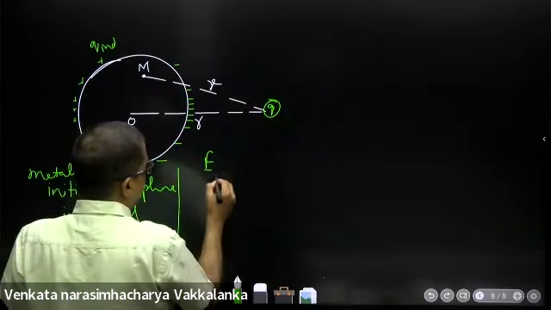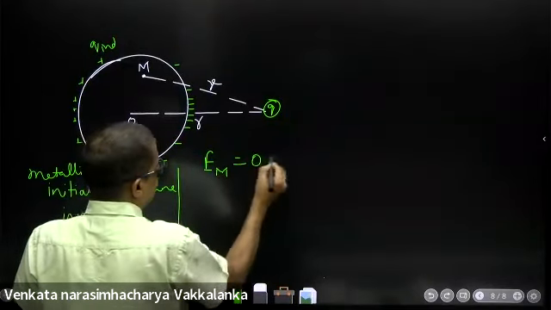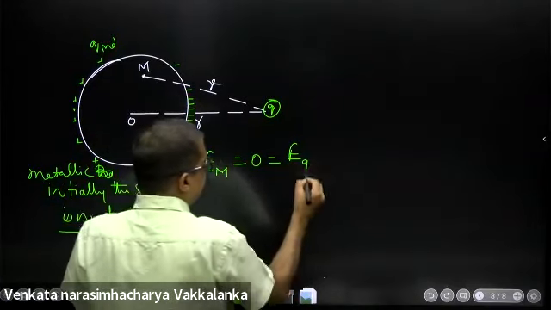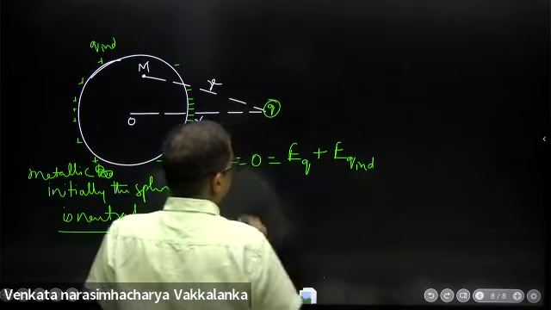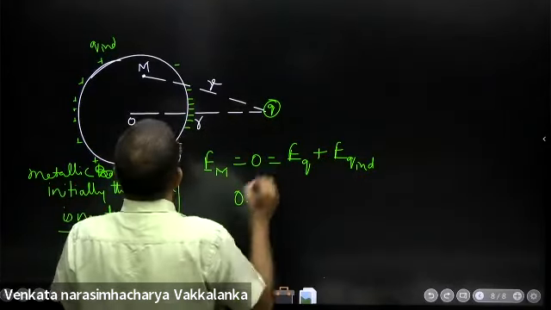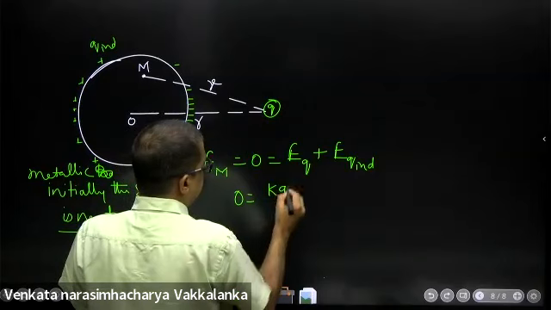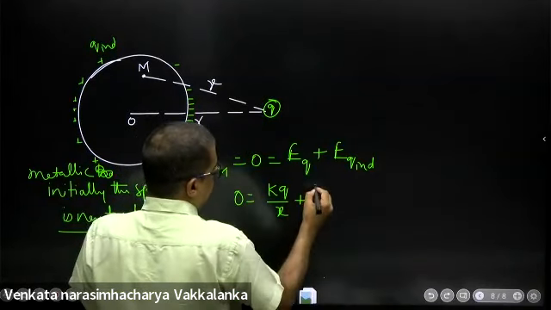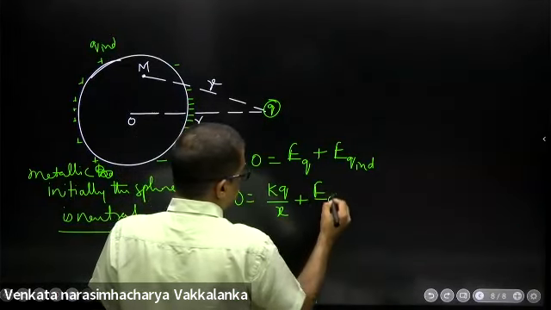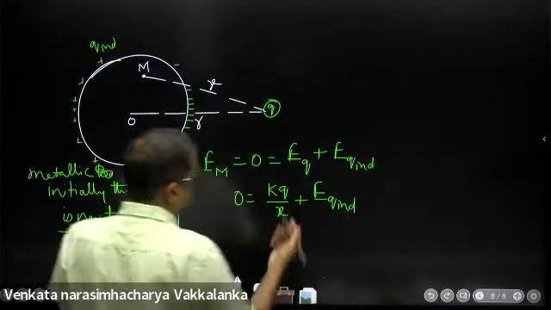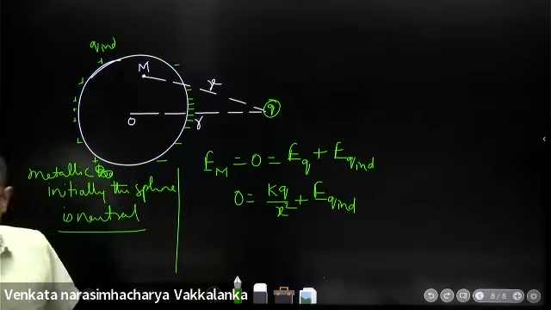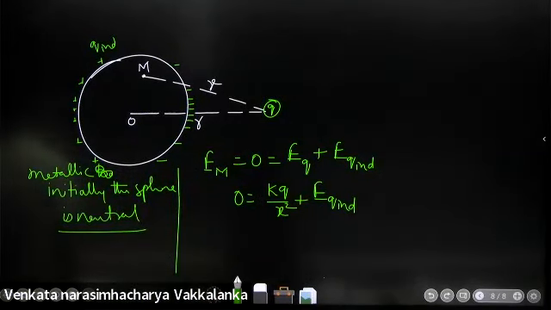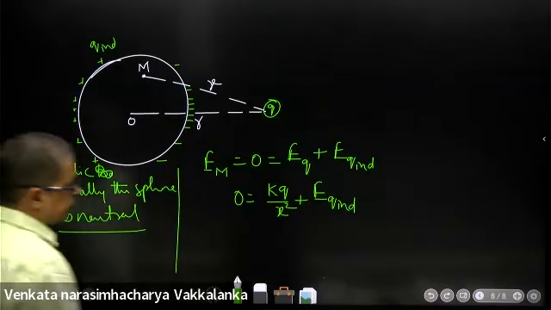So net field at M should be zero. This should be field due to Q plus field due to Q induced. Field due to Q will be KQ by X squared. Field due to Q induced will be the negative of this. Right. So first bit is not a problem for anyone.